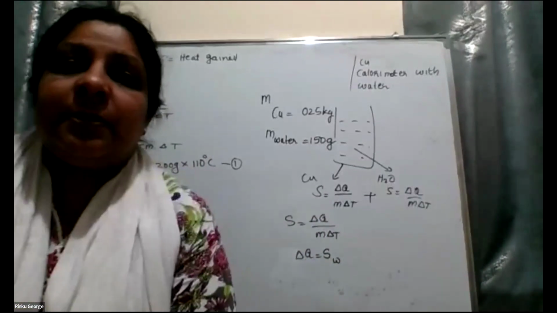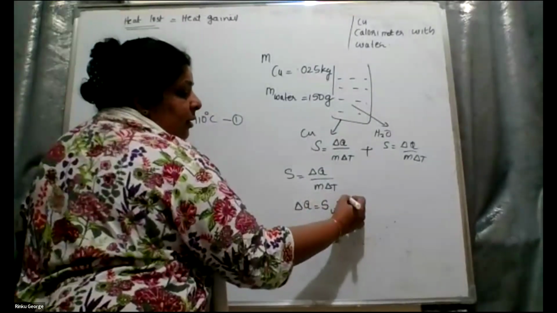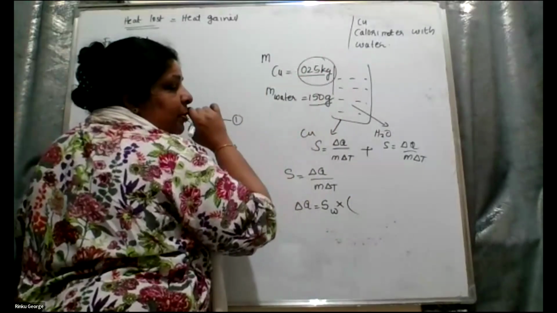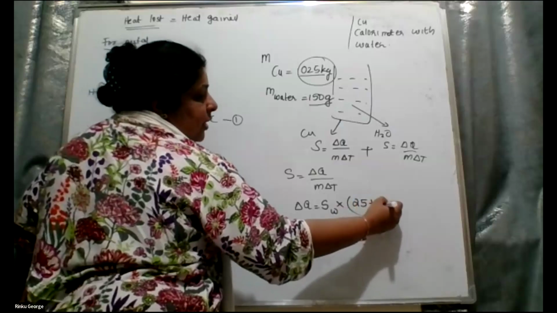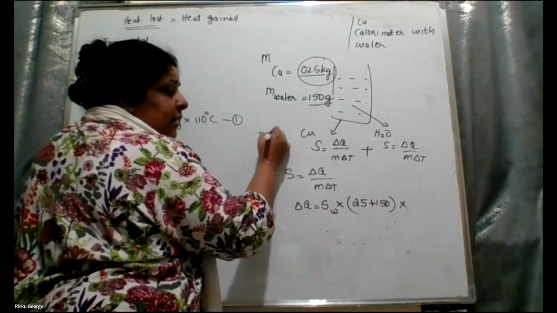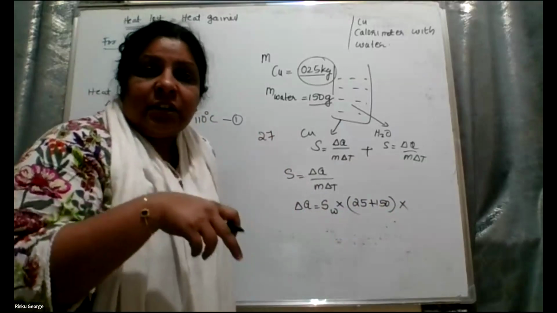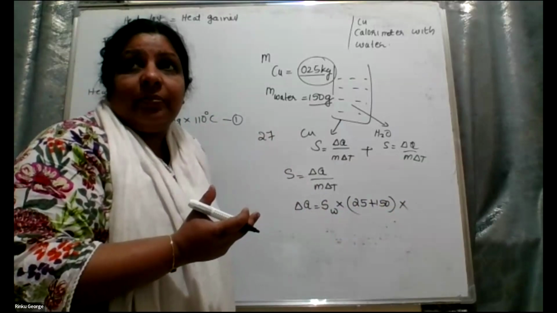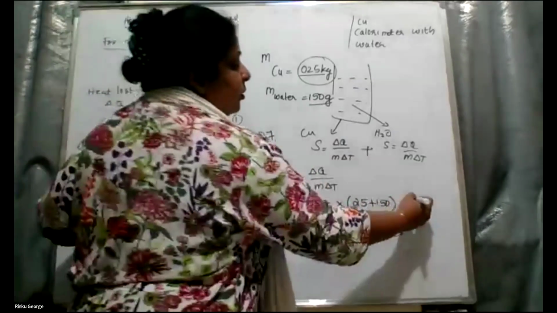So that's why you will take specific heat of water only, into mass, which will be 0.025 kg, in gram it will be 25 gram, plus 150, into what is the change in temperature? The calorimeter was initially at 27 degrees. When the metal is dropped, the temperature increases to 40 degrees. So 40 minus 27, that is just 13.